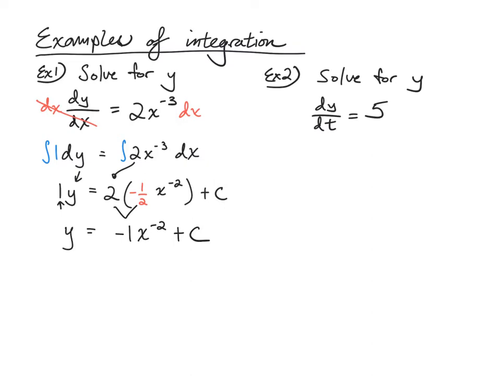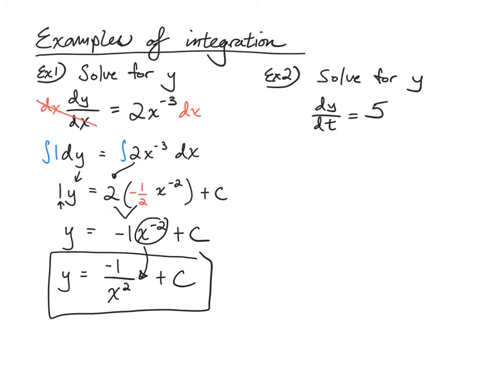Now the very last thing, of course, as with all the derivatives we've done, we have to push this to the bottom of the fraction to get rid of the negative exponent. And we have the answer here, y equals negative 1 over x squared plus c. Now, you may have a question like, hey, why did you add plus c on this side, but not on this side?